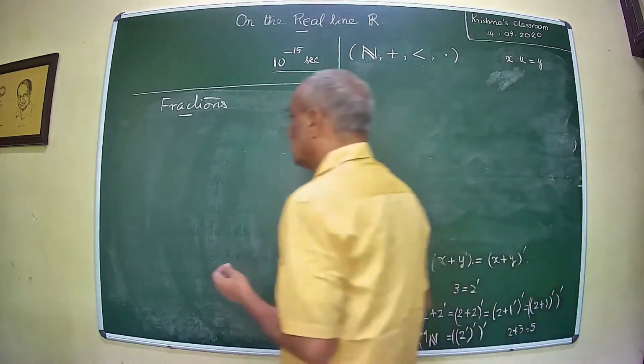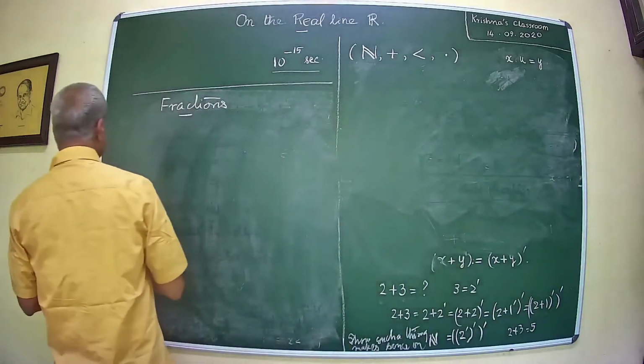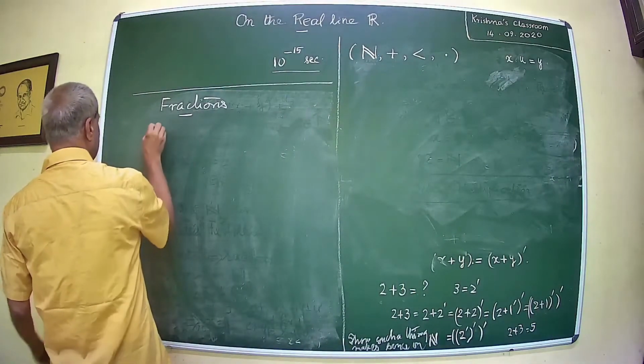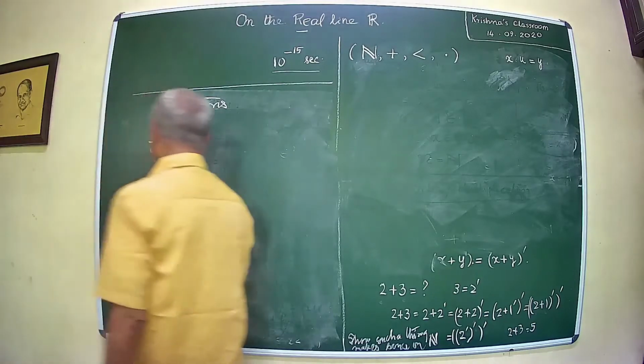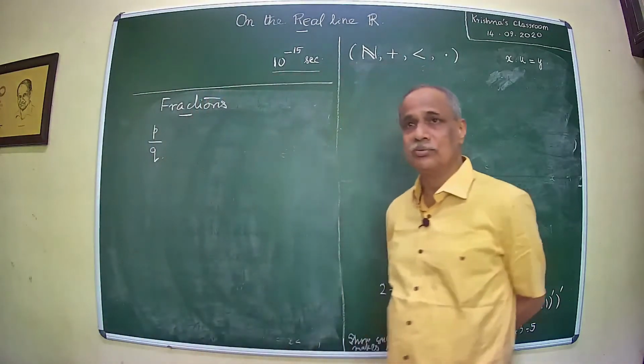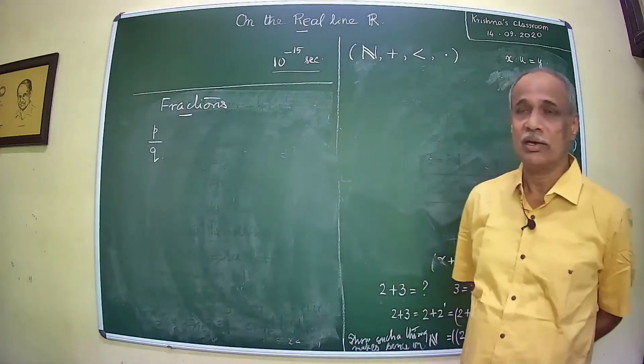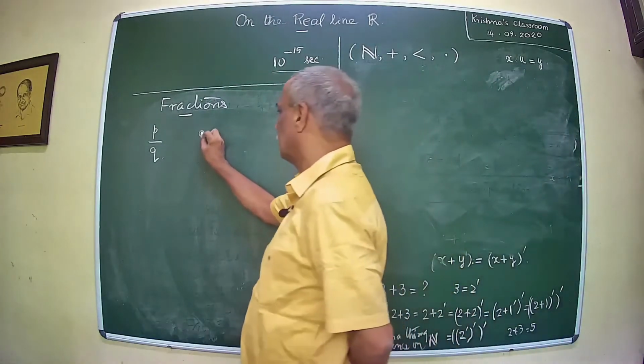Now you see, a fraction is what? It is actually some integer by another integer, and the integer that you have below is not equal to 0.